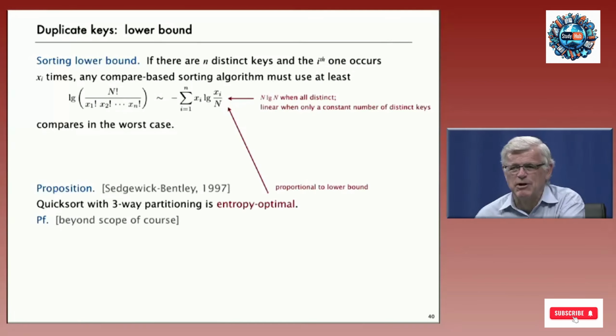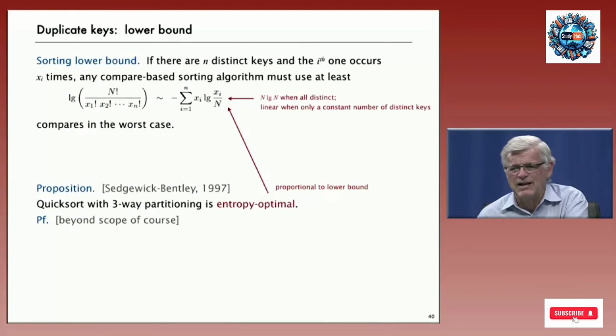And what's interesting about three-way partitioning is that the number of compares that it uses is equal to this lower bound within a constant factor. So that's entropy optimal. What that means is whatever the distribution of equal keys in there, this thing is going to use a number of compares that's proportional to the best that you could possibly do.